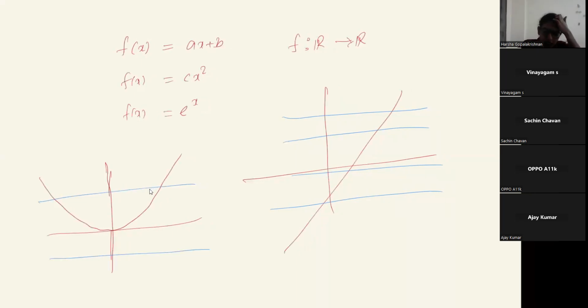For example, suppose f from Z to Z, such that f of x equal to 2x, and g from Z to 2Z, such that g of x equal to 2x.